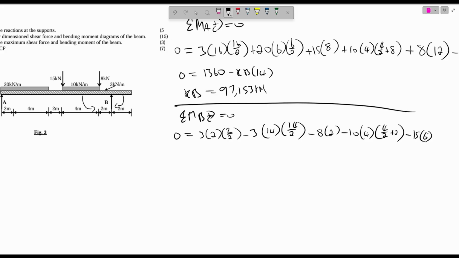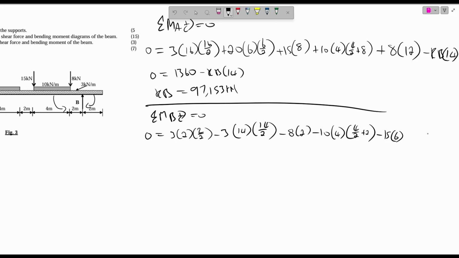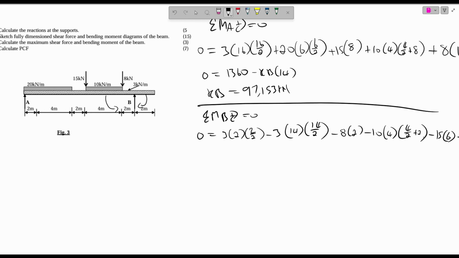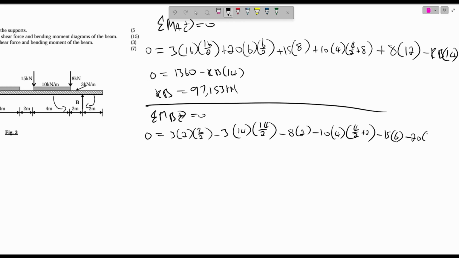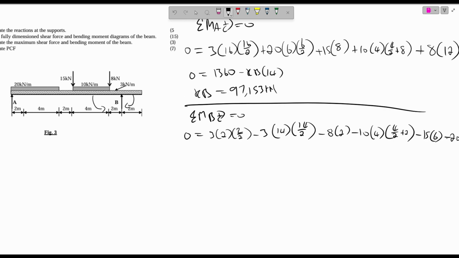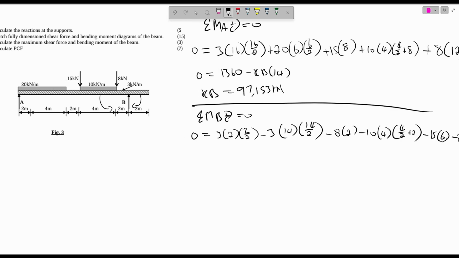After the 15, we have the 20. 20 times 6, 6 over 2 plus 8. 2 plus 4 plus 2.